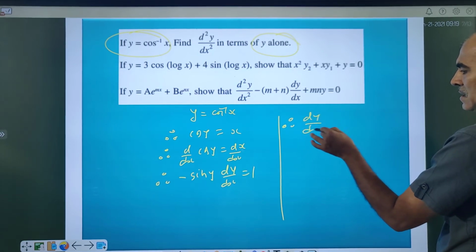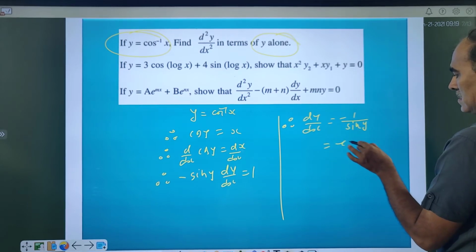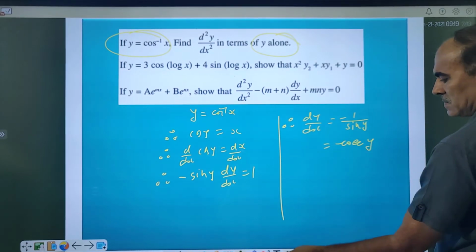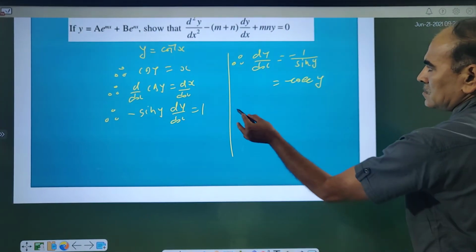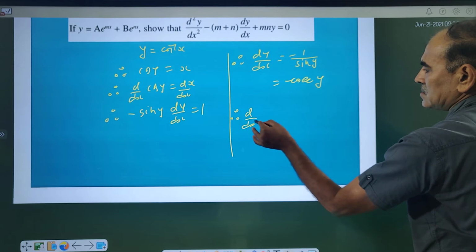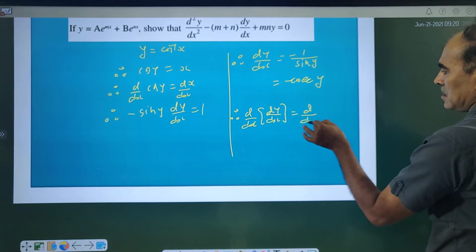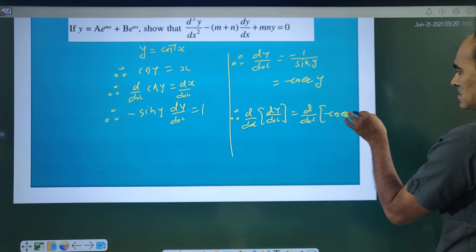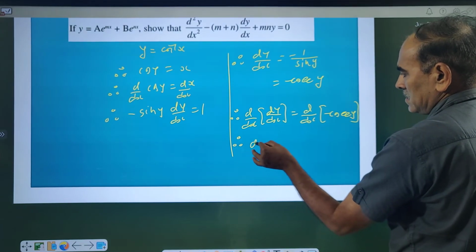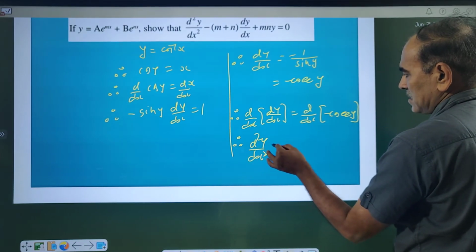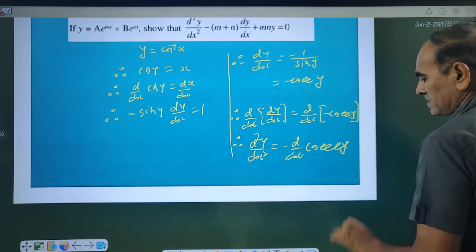We get dy by dx is equal to minus 1 upon sin y. That is minus cosec y. So what is d by dx of dy by dx? It is equal to d by dx of minus cosec y. So d2y by dx square is equal to minus of d by dx of cosec y.